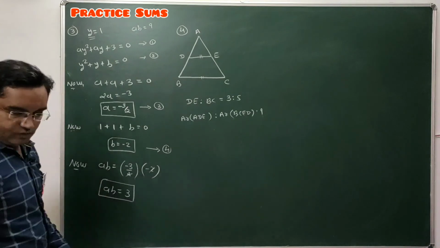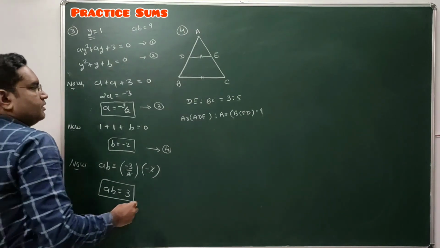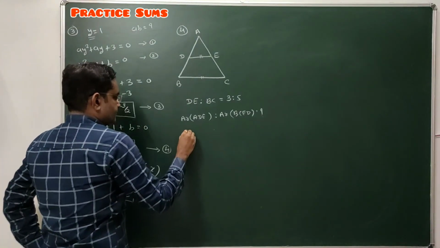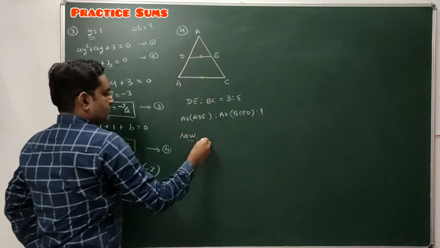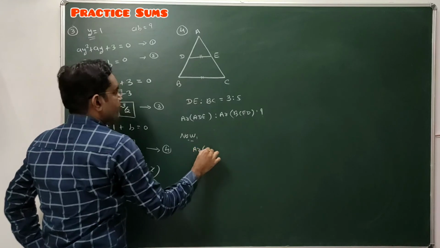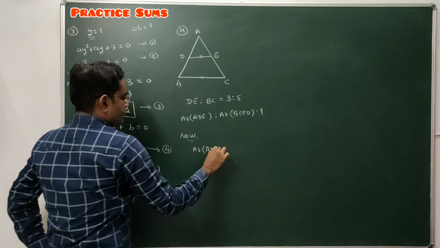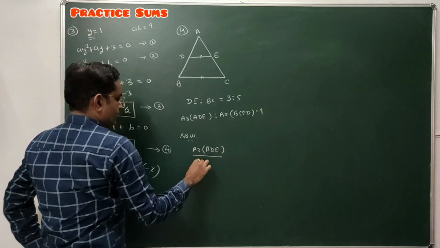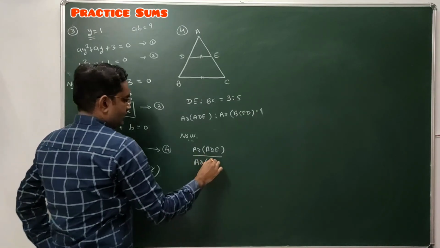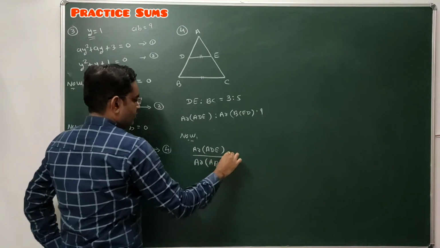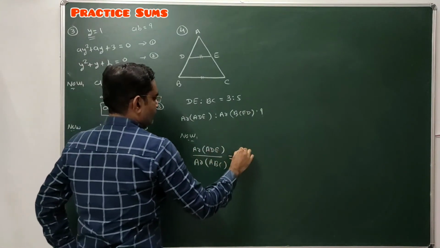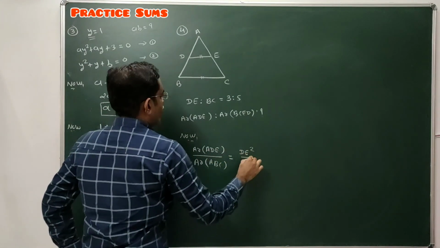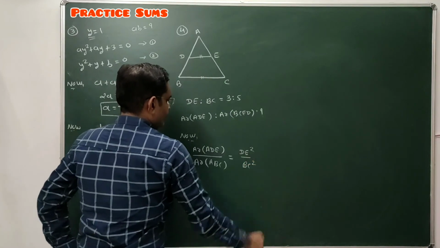Done? So now here we can say that the area of this triangle ADE upon area of the triangle ABC. The ratio of the area of these two triangles is in the ratio of square of these corresponding sides. So DE square upon BC square.